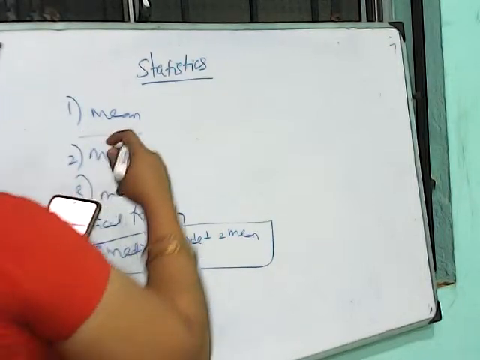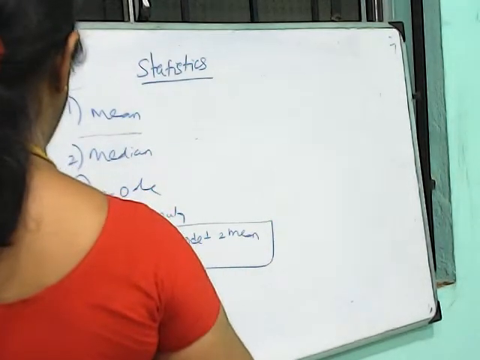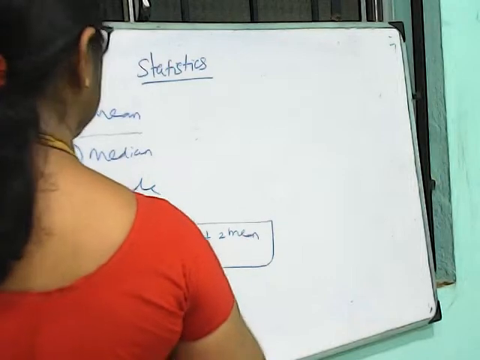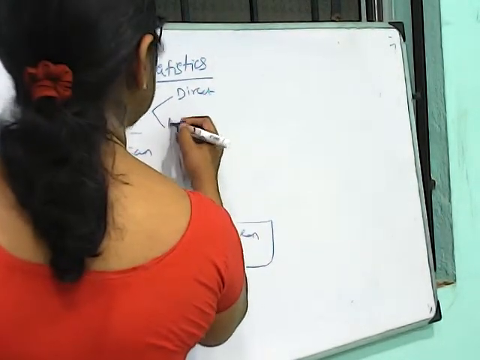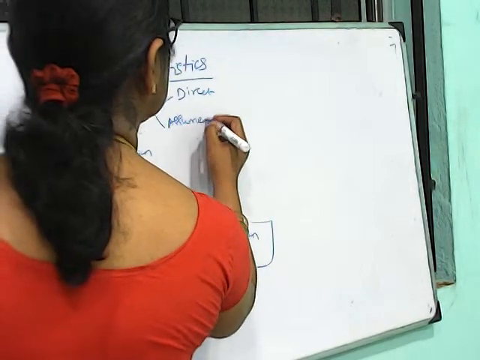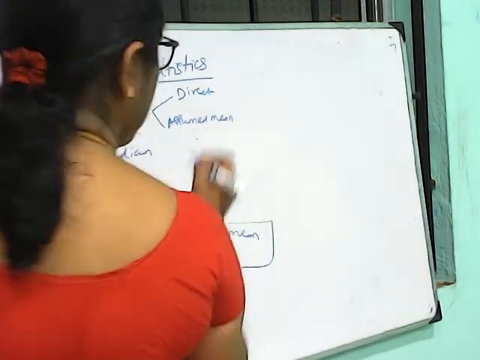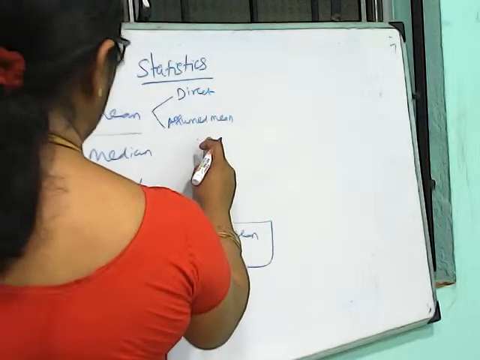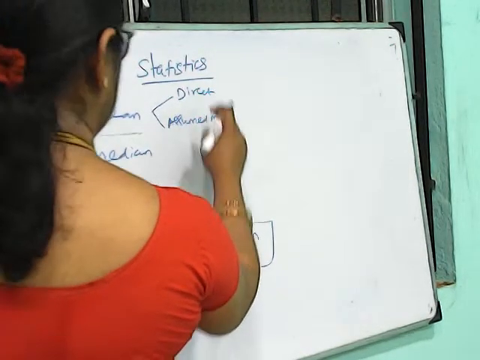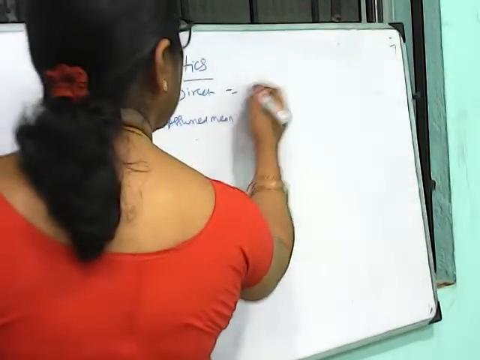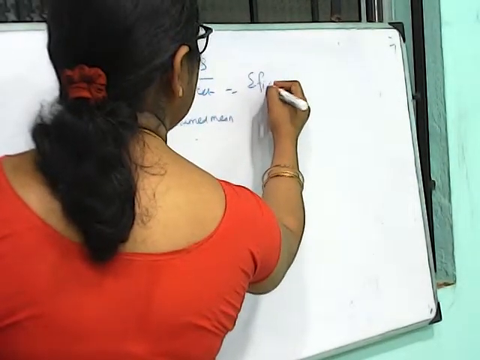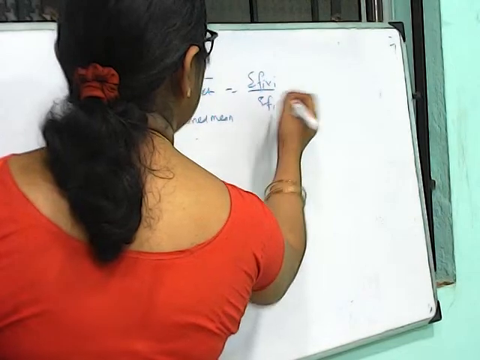Now for mean, again you have two types: direct method and assumed mean method. In the direct method you find summation fi xi divided by summation fi.